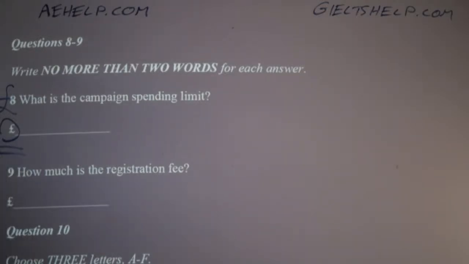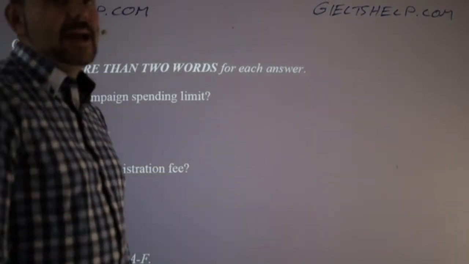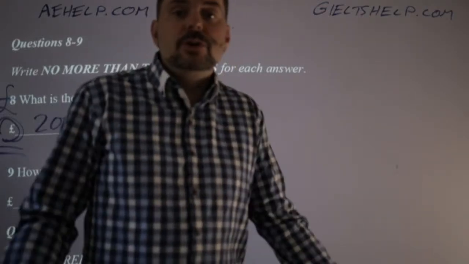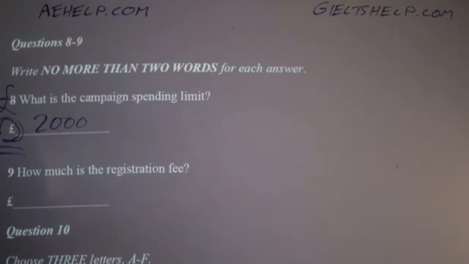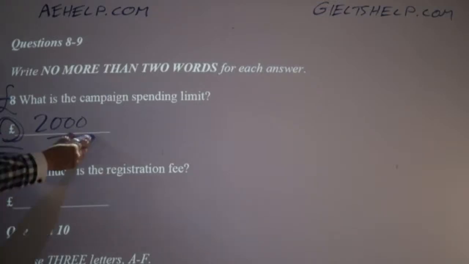You will get it wrong. All you put here is 2,000. No $ sign, no pound sign, because it's given. If it's not given, then you would put pounds so we know what the currency is. So not quid, not pounds, not dollars, just 2,000.